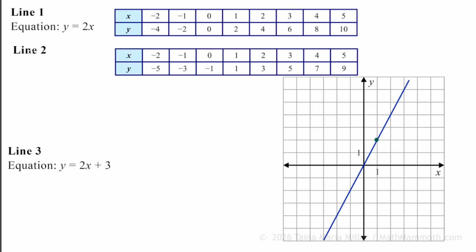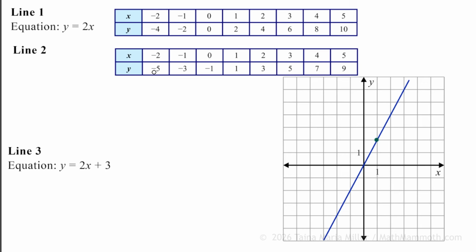And then line 2 is not drawn yet, but there's a table of values for it. Now compare these two tables of values. The x's are the same, from -2 all the way to 5, and goes by ones.